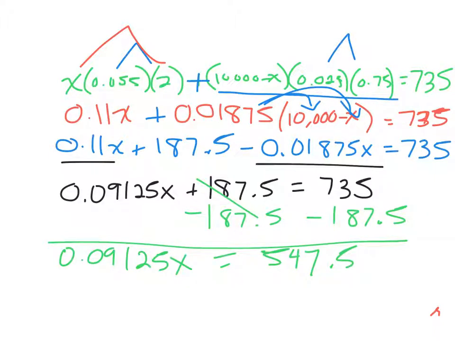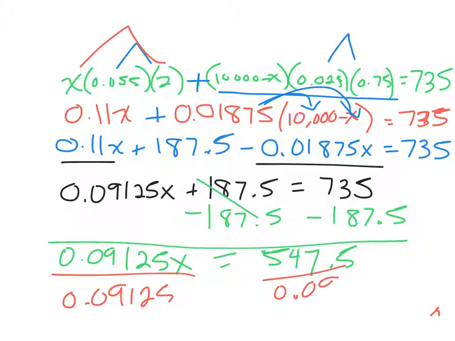And then we're going to divide both sides by 0.09125. Dividing by 0.09125 gives us 6,000. Coincidentally, we end up with 6,000.